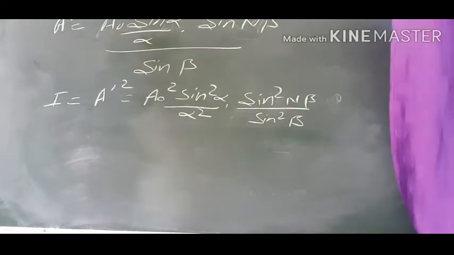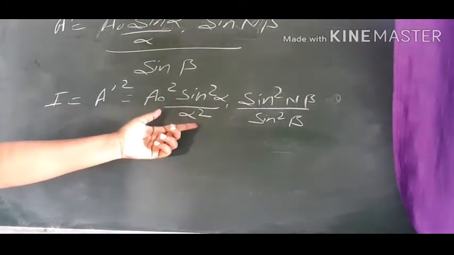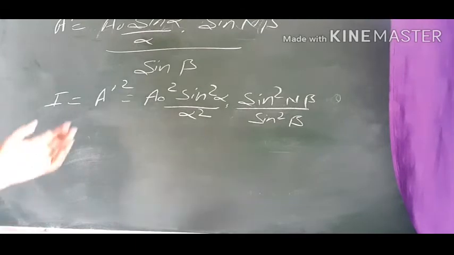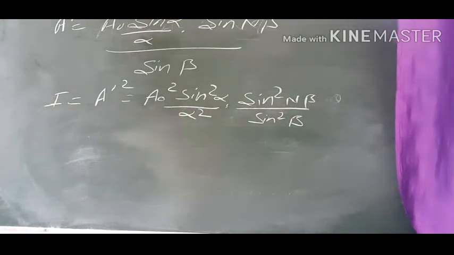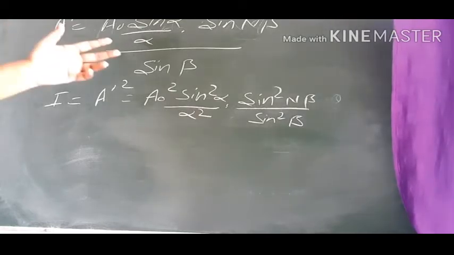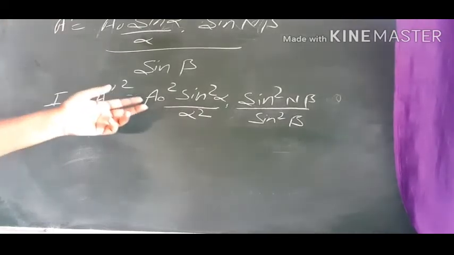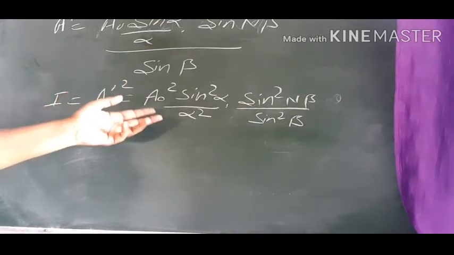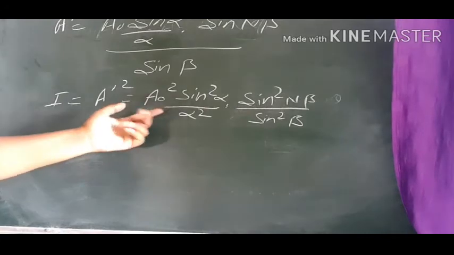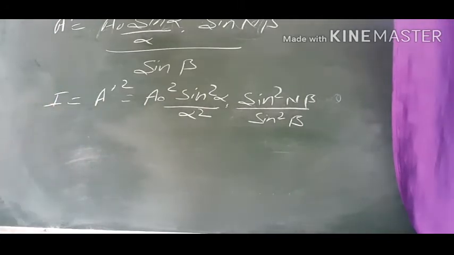This is the resultant intensity at any point Q. The central point is equidistant, so the central point is again bright in this case also, and this is the intensity at any point Q which is away from center O.